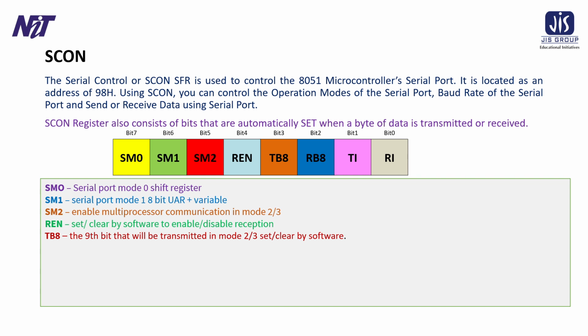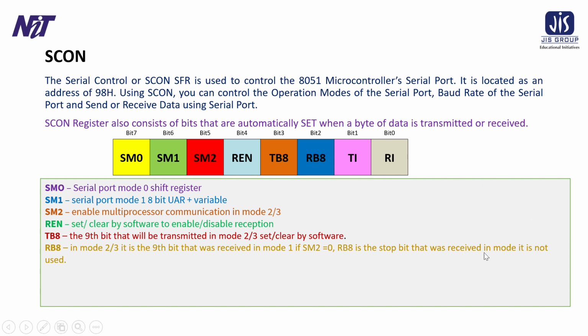TB8, the 9th bit that will be transmitted in mode 2 or 3, set or cleared by software. RB8, in modes 2 and 3, is the 9th bit that was received; in mode 1, if SM2 is 0, RB8 is the stop bit that was received. In mode 0 it is not used.